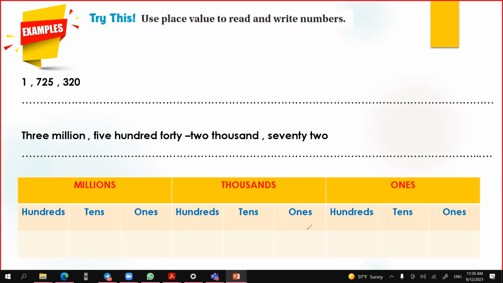Now what I have to do here, I need now to write it in the word form. What should I have first? I have to place it in the place value chart. 1, 7, 2, 5, 3, 2, and 0.